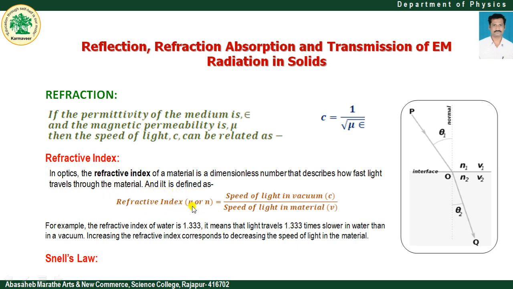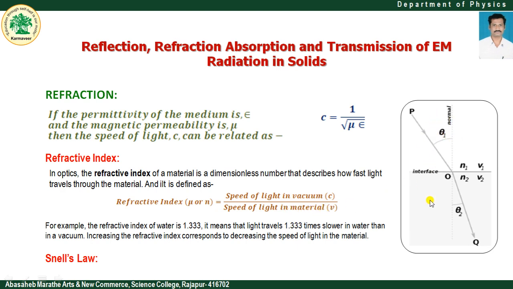It is symbolically represented by the letter n. So refractive index is defined as the speed of light in vacuum divided by the speed of light in material.